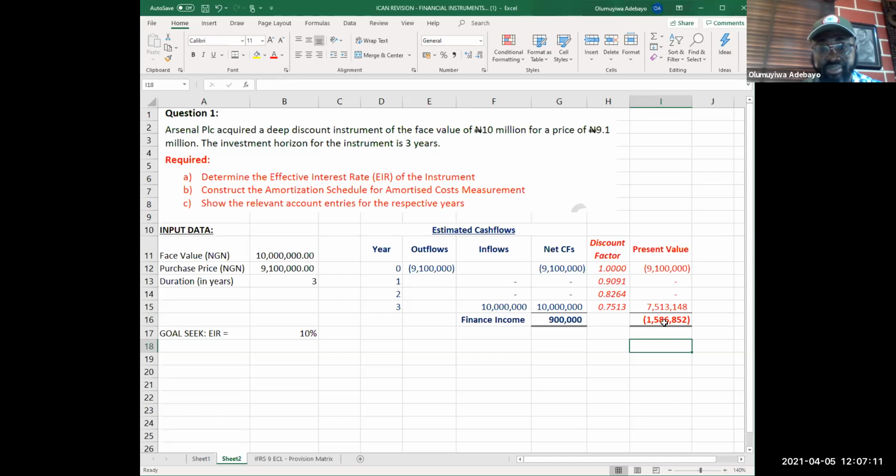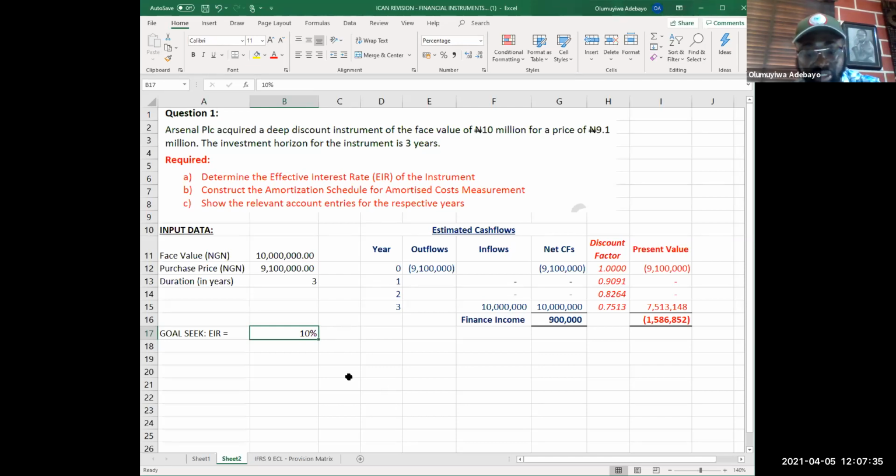It's showing me this, which means 10% can never be my effective interest rate, because the effective interest rate after discounting should give me 0. If I want to use trial and error, I can reduce it, because for you to have a negative PV, it means your rate is so high. To get positive, you have to reduce your rate.